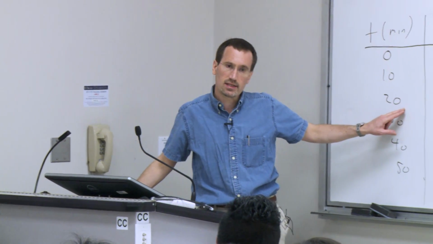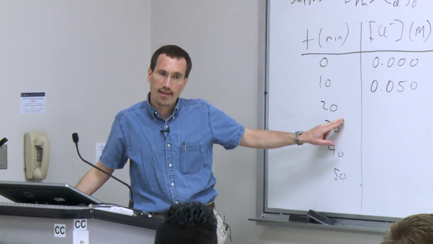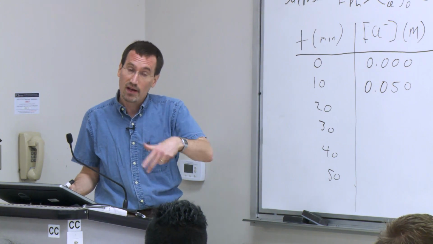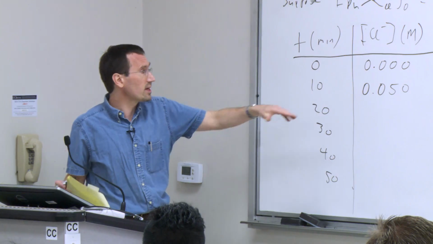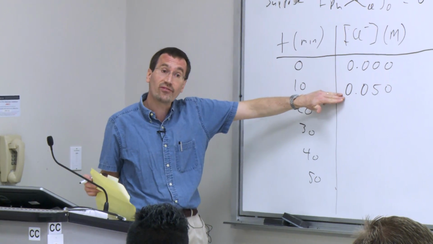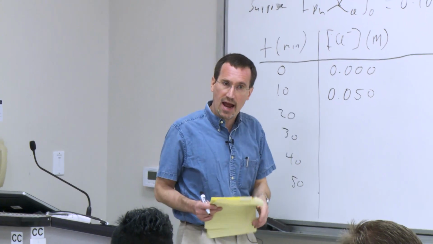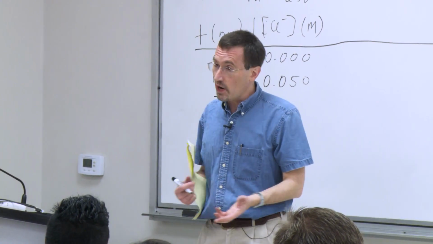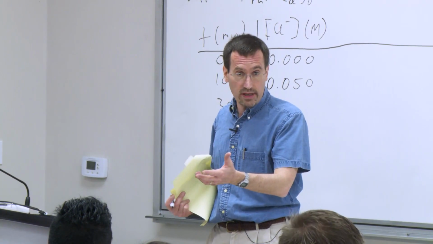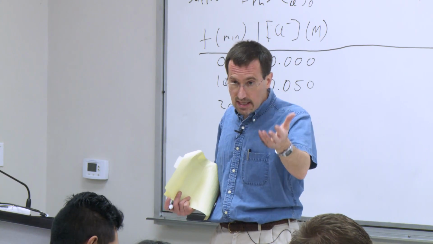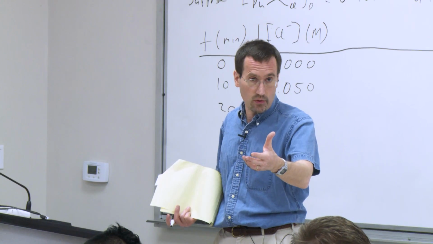What would we expect we'd have at 20 minutes? 0.075. The reaction is first-order kinetics. I've just shown the half-life here. Of course, if you were doing this reaction in lab, the question would be, is it going through a first-order mechanism, or is it going through a second-order mechanism?